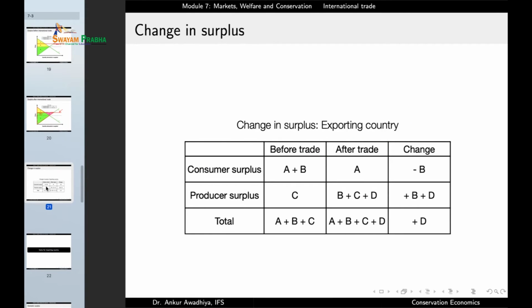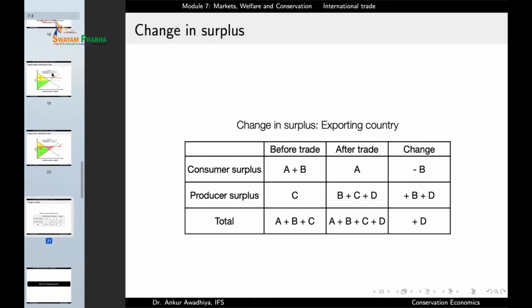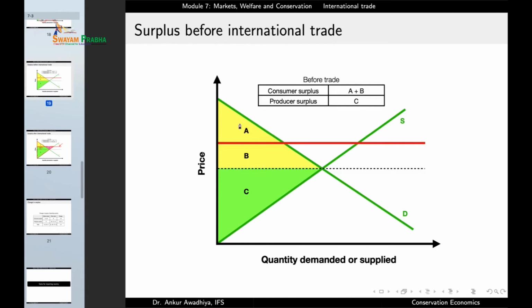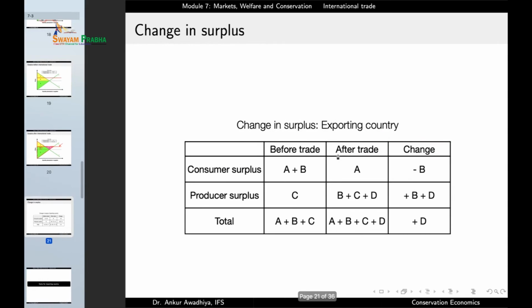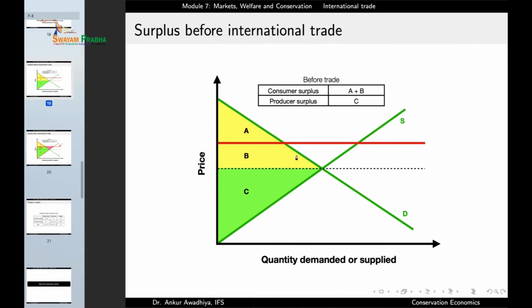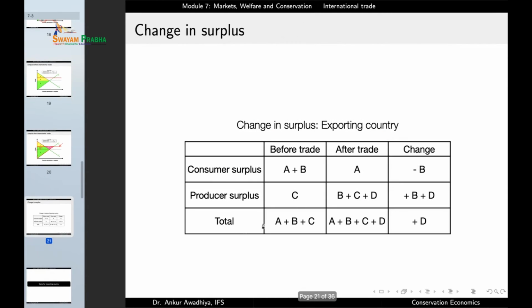Now, if we look at the total surplus, before trade we had a consumer surplus that was A plus B, which is what we are writing here. Before trade, the producer surplus was C, which is what we are writing here.